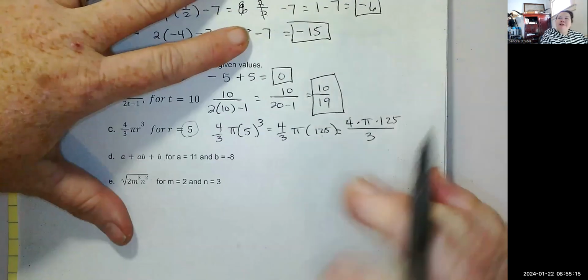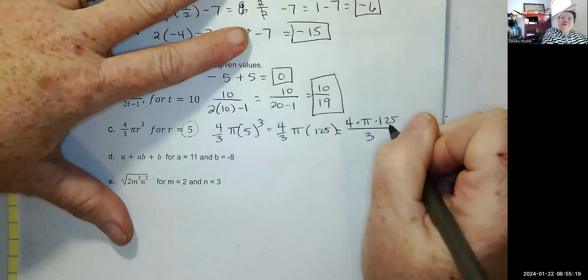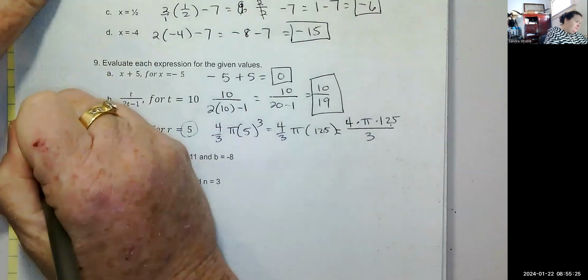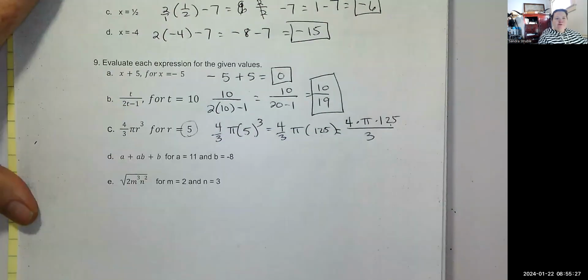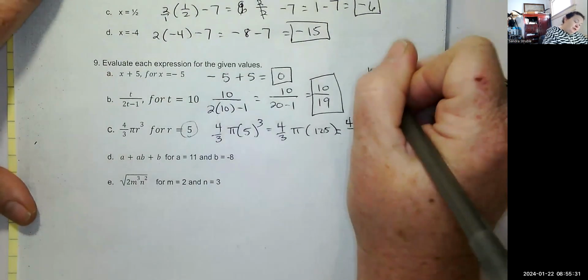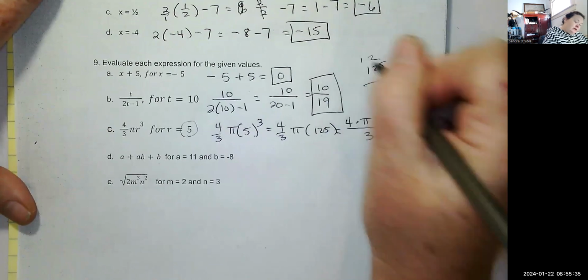So I'm already starting to think about what can I reduce. And I know 3 goes in 125, but nope, it doesn't, because 3 goes into 12 4 times. That leaves you a 5, and nope, it doesn't. So we're just going to multiply this out. 125 times 4, 500.